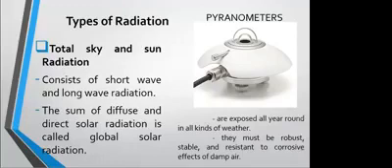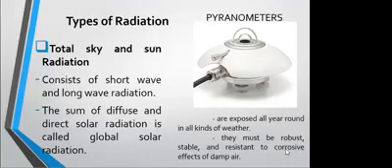Pyranometers are sensors that convert the global solar radiation they receive into an electrical signal that can be measured. They are placed in specific areas where they are exposed all year round and in all kinds of weather, whether rain or storm.